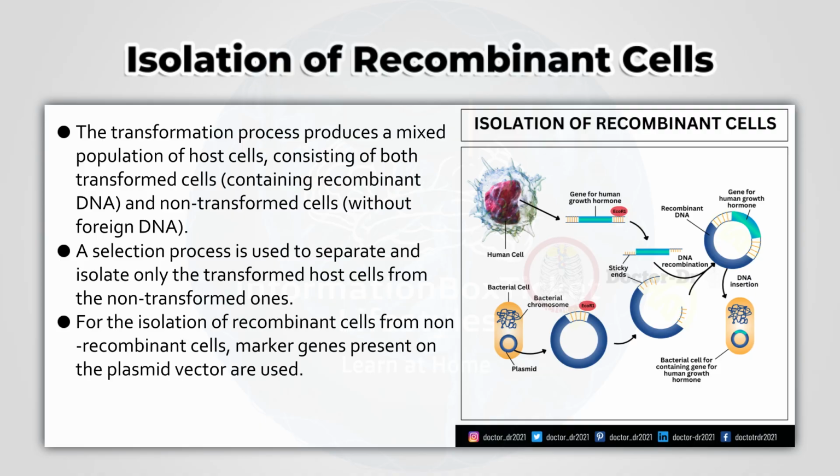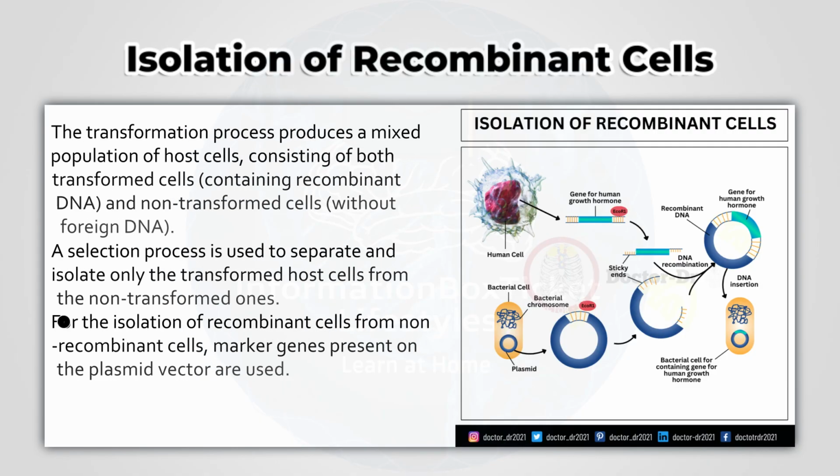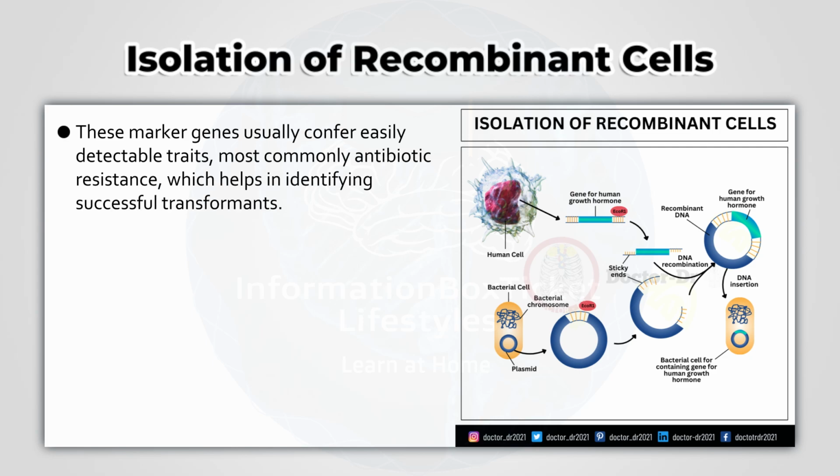For the isolation of recombinant cells from non-recombinant cells, marker genes present on the plasmid vector are used. These marker genes usually confer easily detectable traits, most commonly antibiotic resistance, which helps in identifying successful transformants.